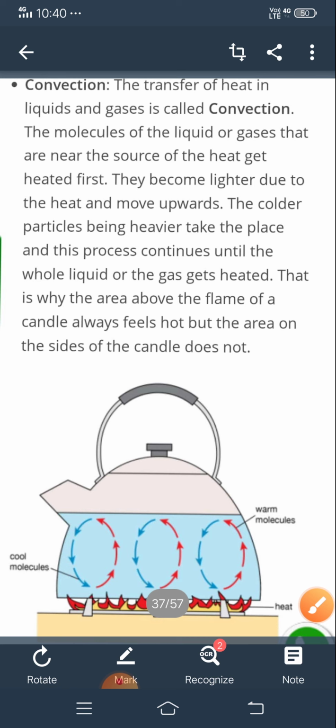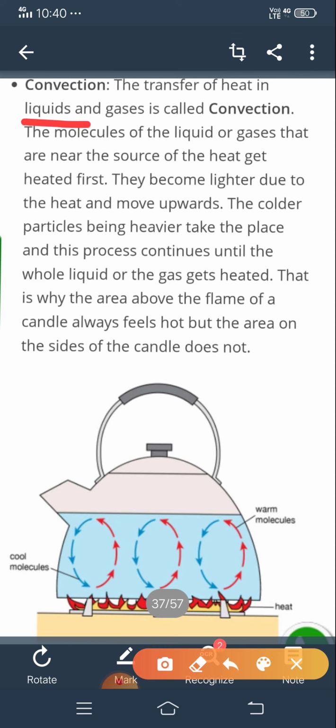Next one, that is convection. What do you mean by convection? The transfer of heat in liquids or gases is known as convection.